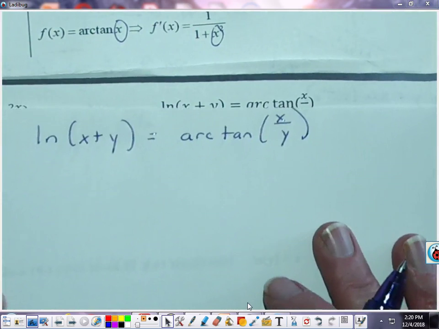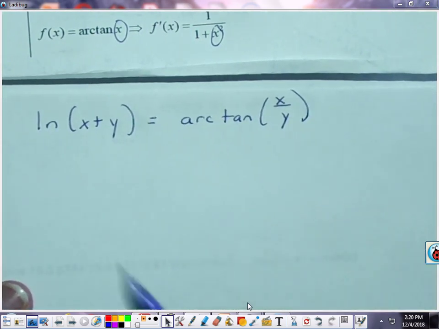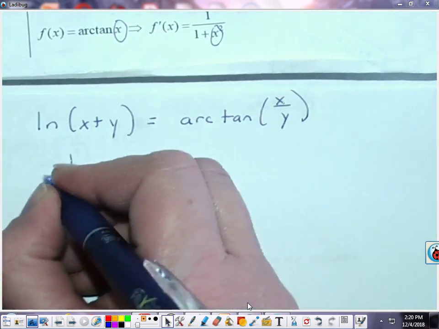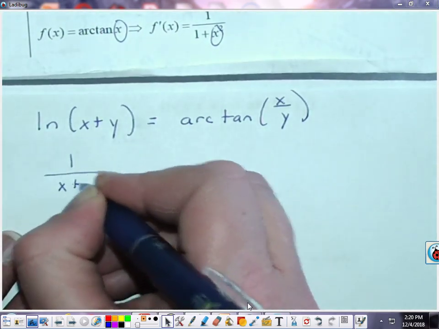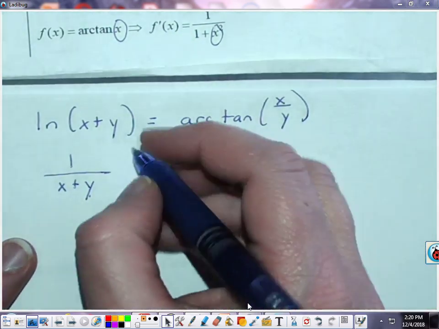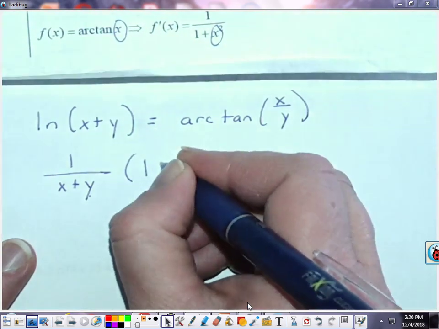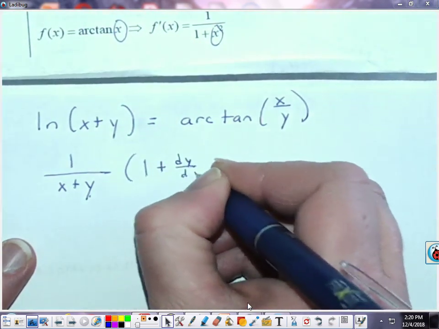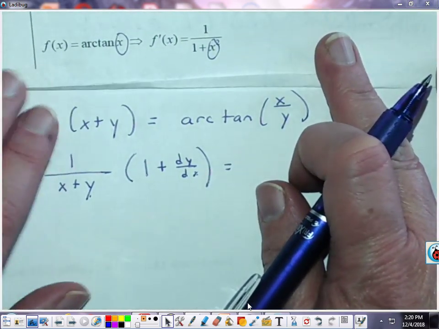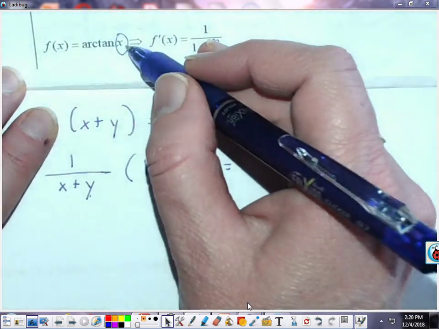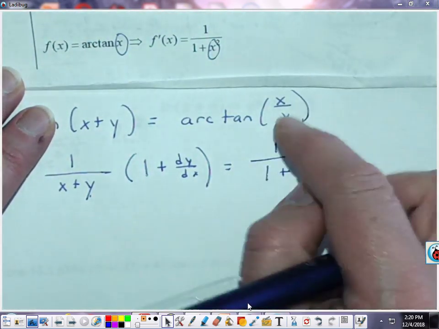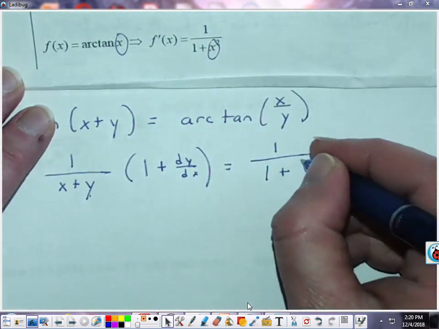Okay, so that's the same problem. I'm just rewriting it. Okay, so how do you take the derivative of ln? And then you have to say times the derivative of x plus y, which is 1 plus 2. And then arctan, so lucky for me, there's the arctan rule. So I would do 1 over 1 plus, put the x over y in.